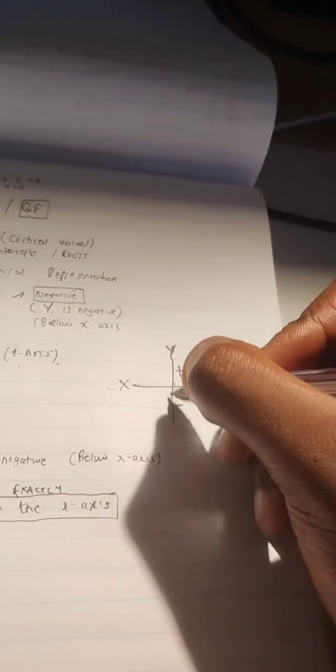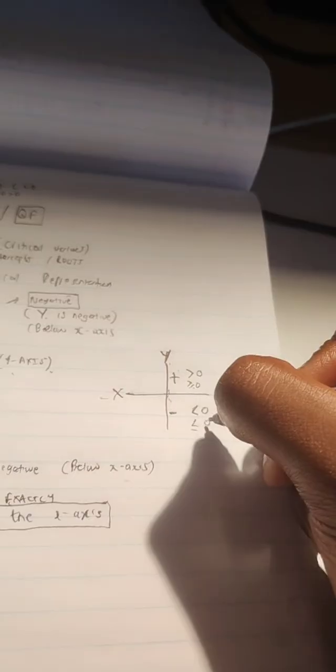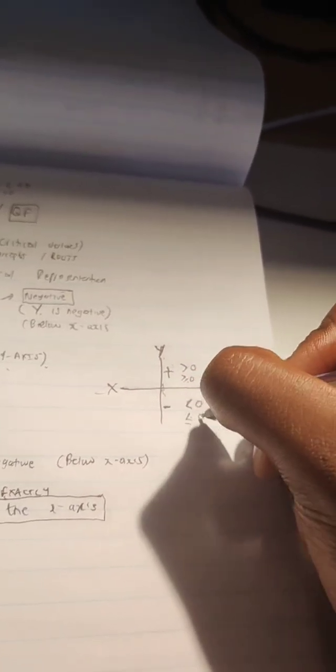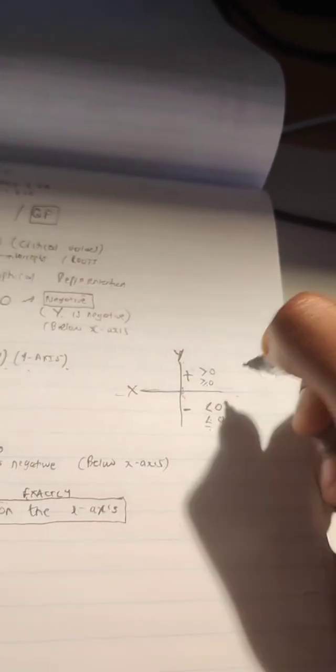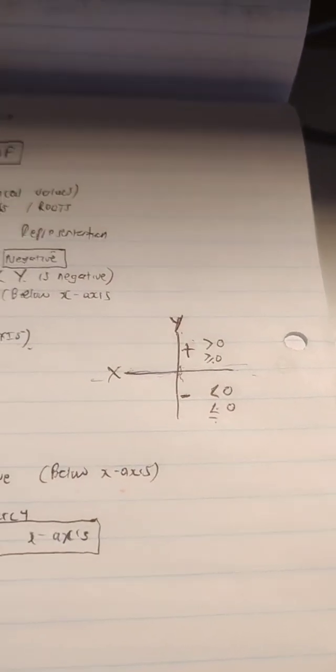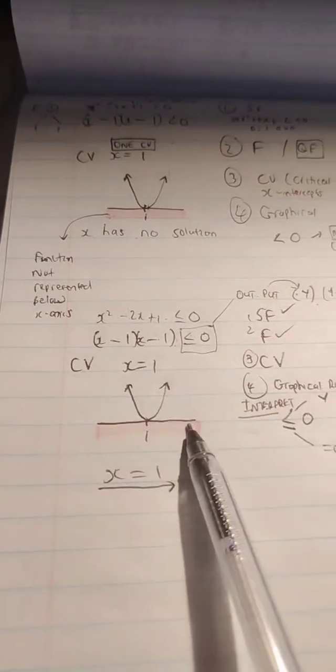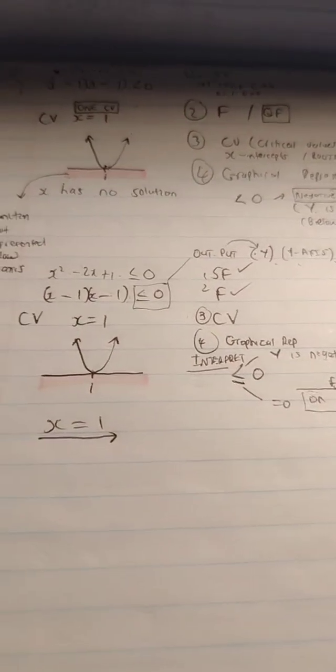Then this bottom part is the less than 0 part. This is where y is negative. Or we can say y is less than or equal. The less than 0 part means y is negative. The equal to 0 part means on the x-axis. Guys, you are just using your interpretation skills so that you can interpret what you see in the graph and then write the answer.